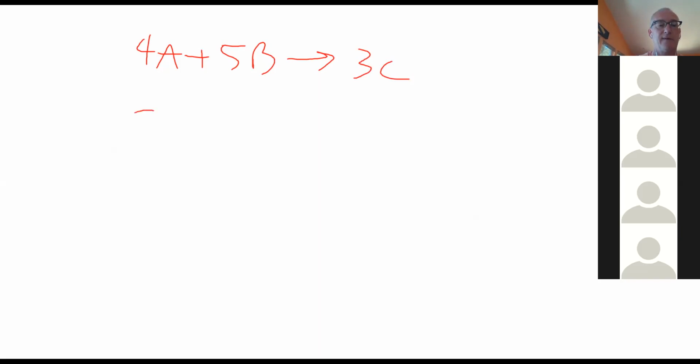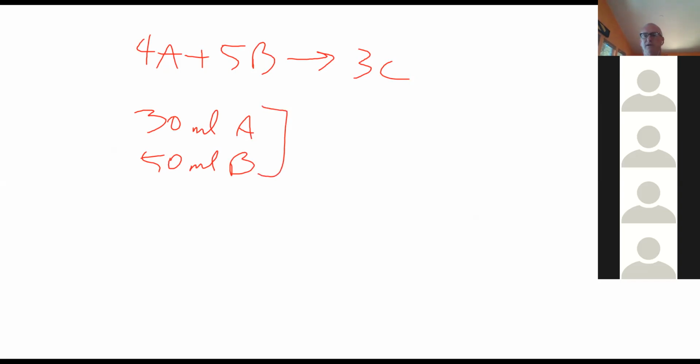So in this instance, we still have 4A plus 5B gives you 3C. And so in this instance, I have 30 mils of A and 50 mils of B. Now, which one's going to be left over?